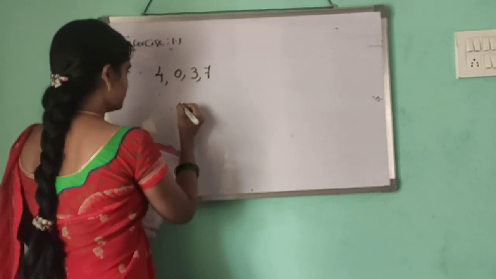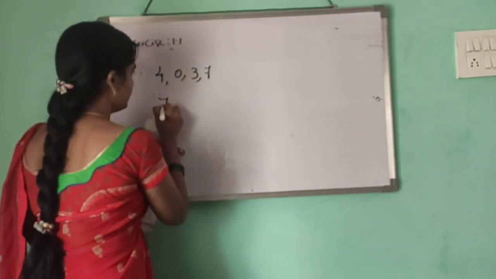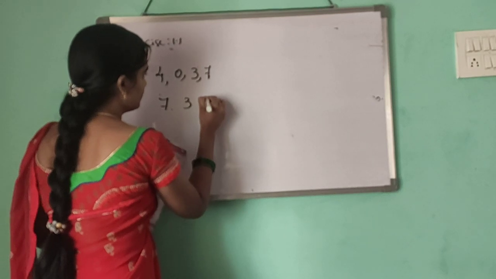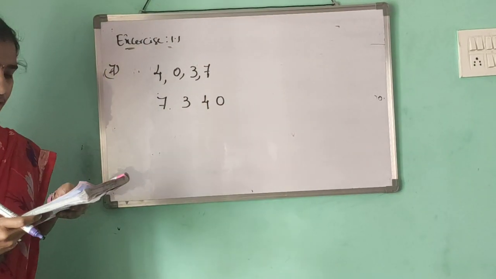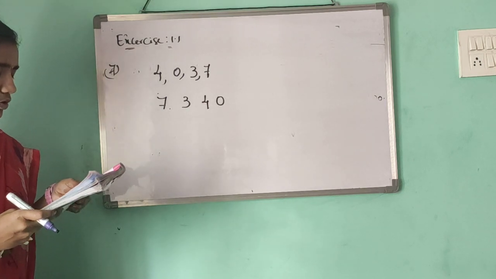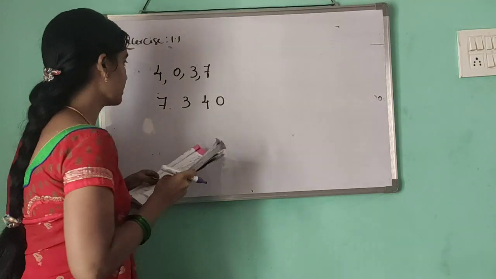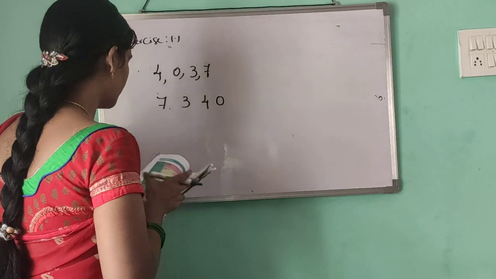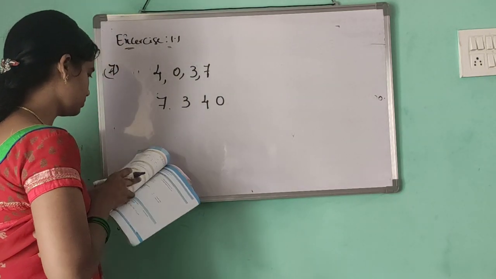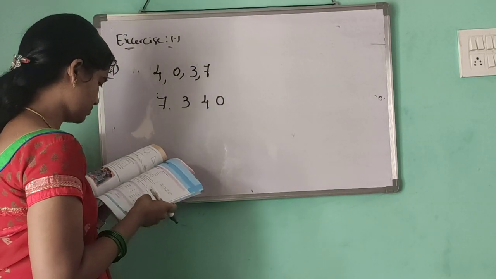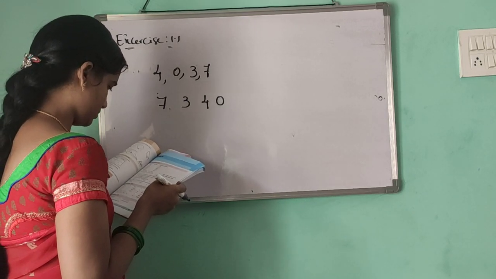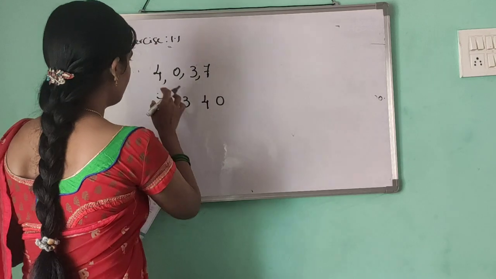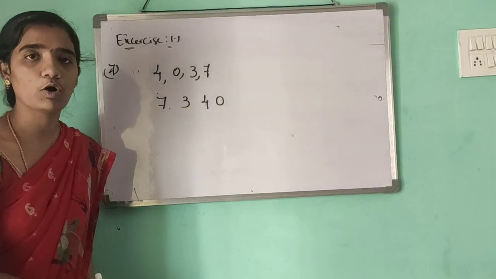The greatest number means the highest digits first: 7430. This is the greatest number. In this we also have to write the smallest. Smallest means, by using these digits we have to write the smallest number.